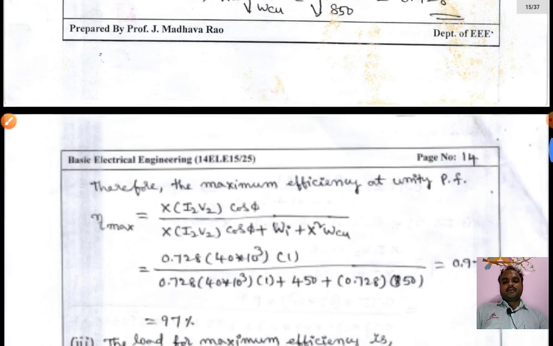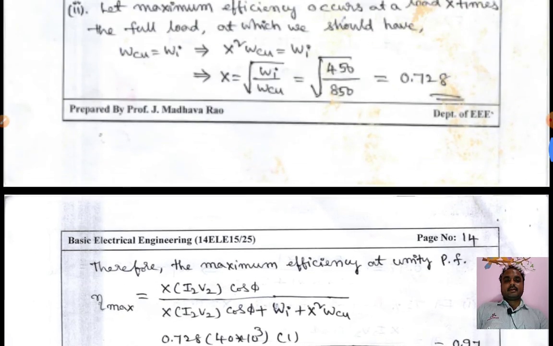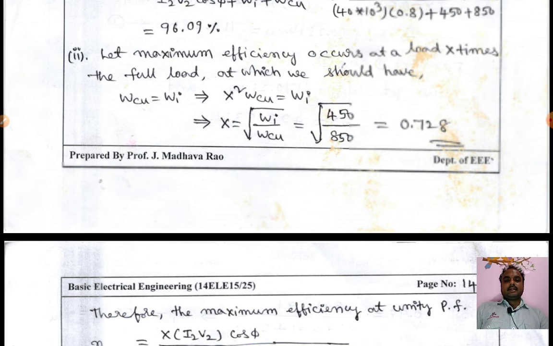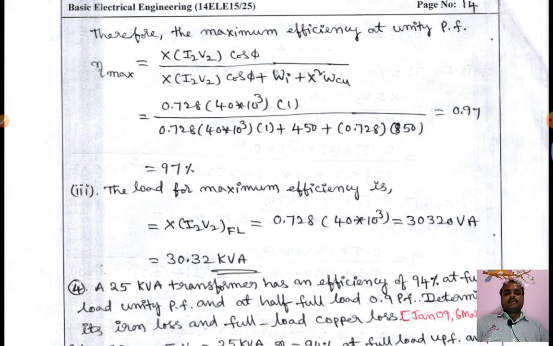So now we will find out the efficiency, sorry, that is the x value, right? So here maximum efficiency at unity power factor is x into I2 V2 cos phi divided by x into I2 V2 cos phi plus Wi plus x square Wcu.